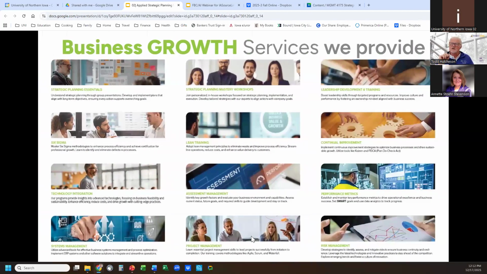On the growth side, we help with strategic planning, both training and teaching and doing programs and workshops like this, but also working directly one-on-one with organizations to create strategic plans for their business. And we're going to go through what that process looks like as part of this presentation. We also work in the continuous improvement, lean space.